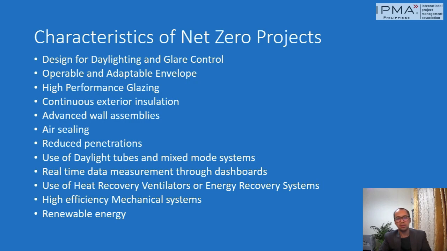Then most important also is the continuous exterior insulation, as well as reduced penetrations and advanced wall assemblies that will address thermal bridging and also heat losses within the envelope of the building. Then we have also the air sealing requirements, wherein we need to minimize air leakages and pass the envelope commissioning after the project has been completed.